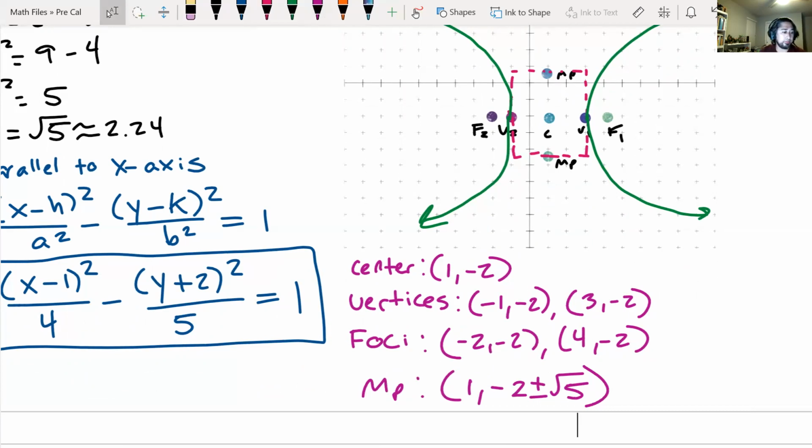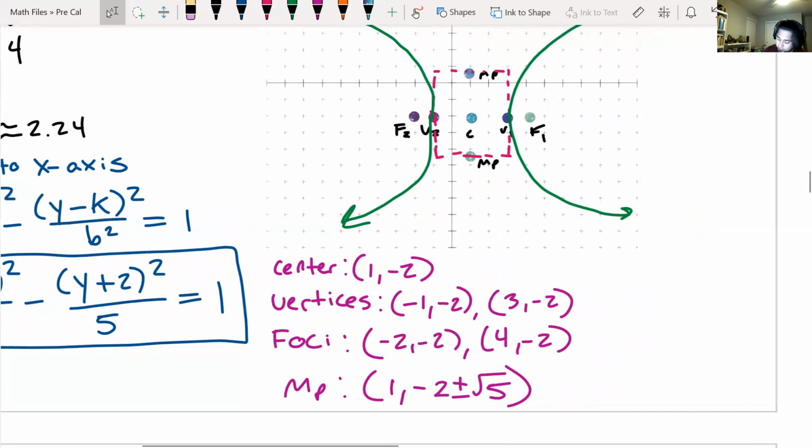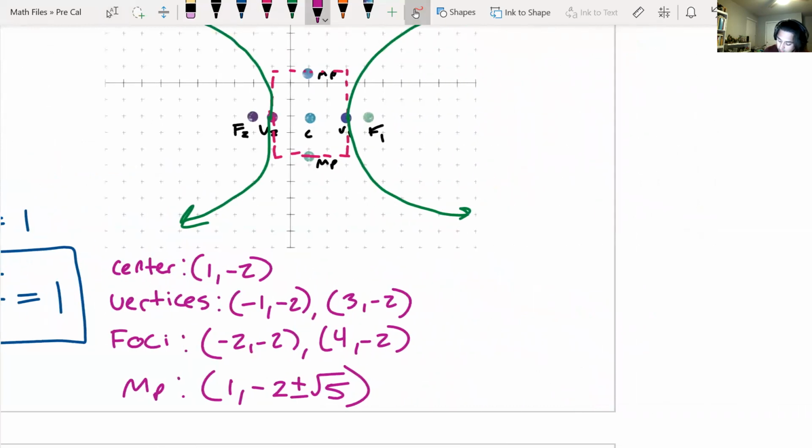And the last thing to find is the asymptote. For my asymptotes, we have the formula y minus k equal to plus or minus b over a times x minus h.